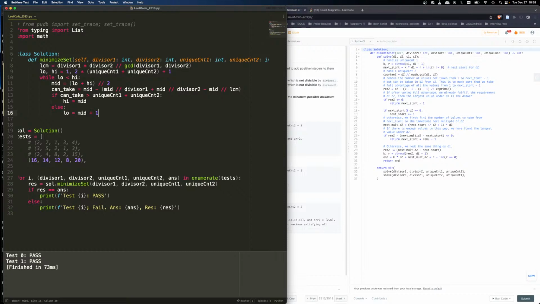Let's see if this makes sense. So if the total number we can take is too much, which means the mid we set is too high, so we want to set the high into the mid, right? If it's too much, we always divide by 2, divide by 2, divide by 2, right? And eventually it will be low plus 1, then they will be equal, right?